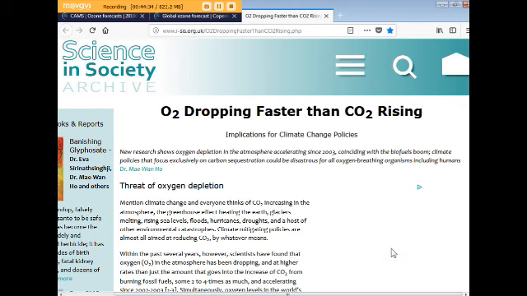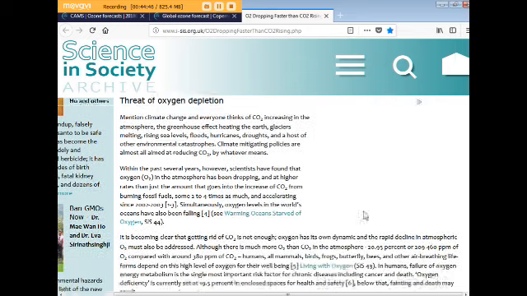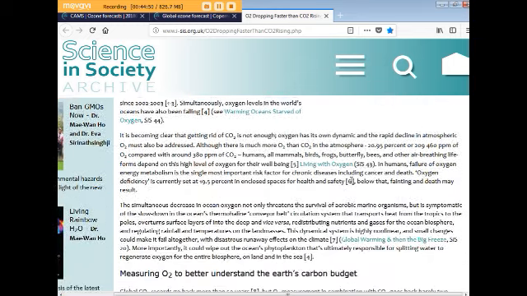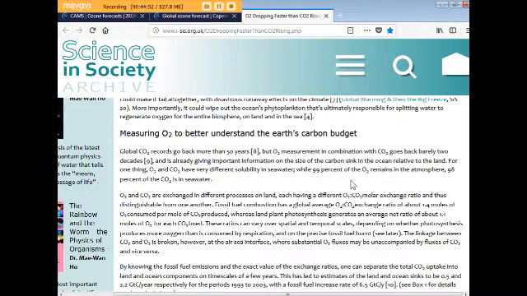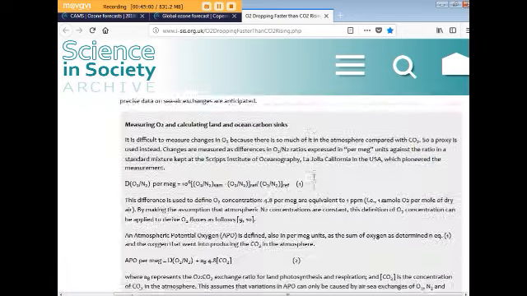O2 dropping faster than CO2 rising. Implications for climate change policies. This talks more about what we just read, but it's another article measuring O2. And it's interesting that CAMS doesn't measure oxygen.